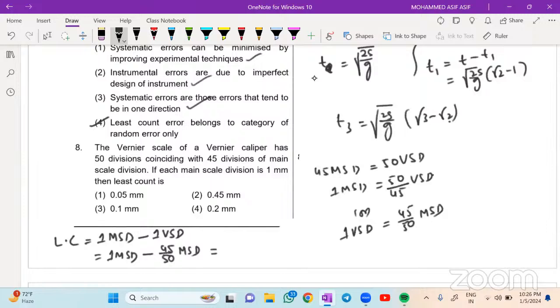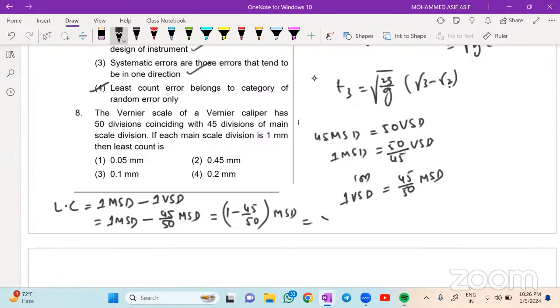So that will be equal to (1 minus 45 divided by 50) MSD. That means 50 minus 45, which is 5. So this will be equal to 5 divided by 50 MSD, and 1 MSD is equal to 1 mm. So it is 5 by 50, that means 1 by 10 into 1 mm. That will come out as 0.1 mm. That will be the answer.